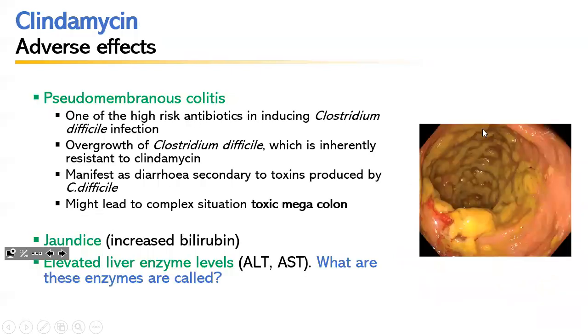Now, I think we spoke about C. diff extensively. The most important thing that you need to know is that clindamycin is ranked number 1 among medications in its ability to provoke the development of Clostridium difficile infections and the release of the toxin. Most notably toxic megacolon: with this massive amount of toxin released, it will totally paralyze the smooth muscles in the colon and render it inactive.